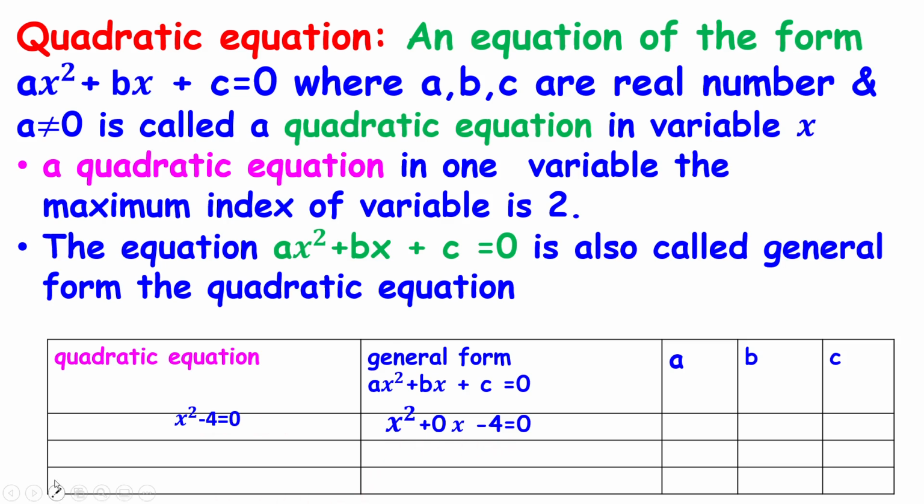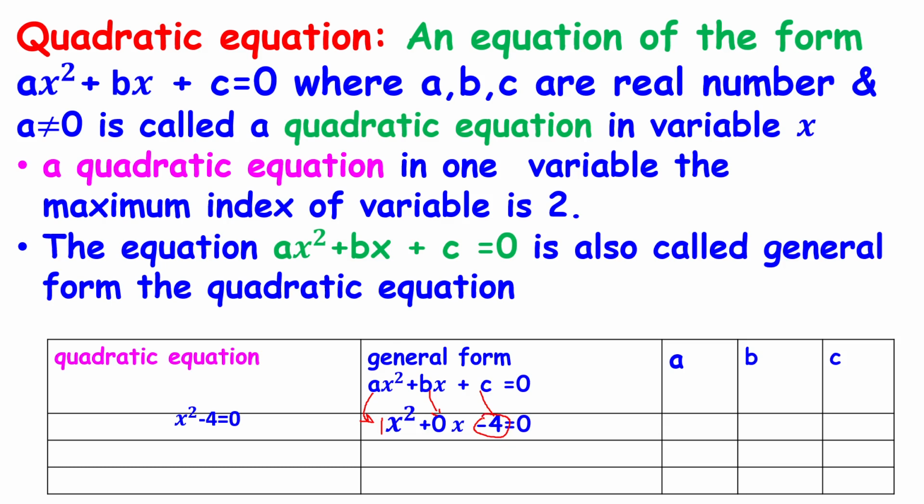Then compare with the general form. Here the coefficient of the square term is 1. Therefore a is equal to 1. The coefficient of the middle term is 0. Therefore b is equal to 0. And c is equal to negative 4.